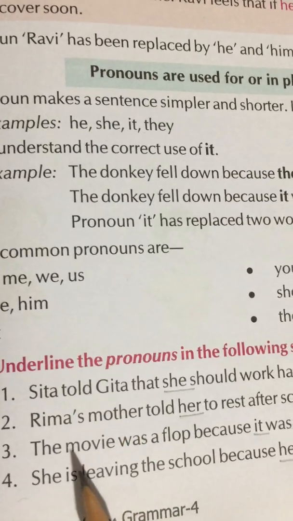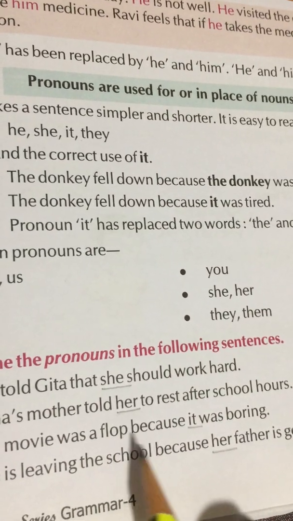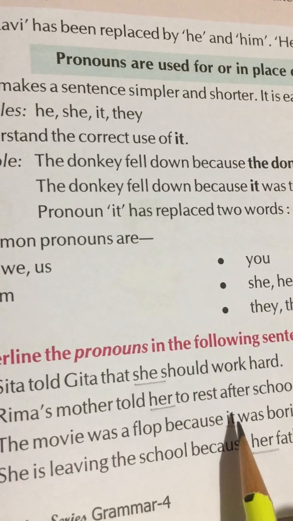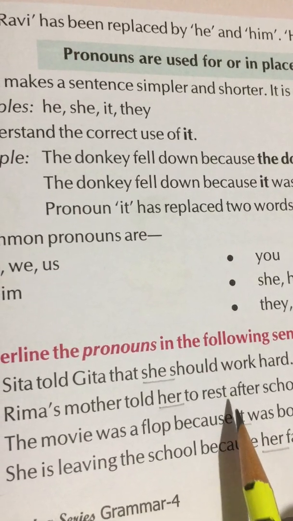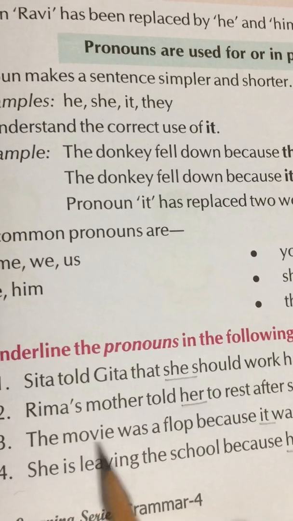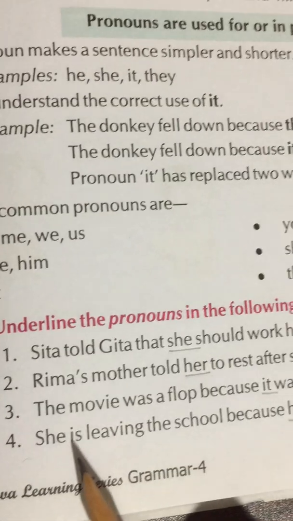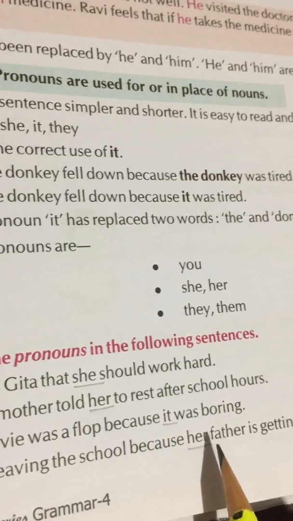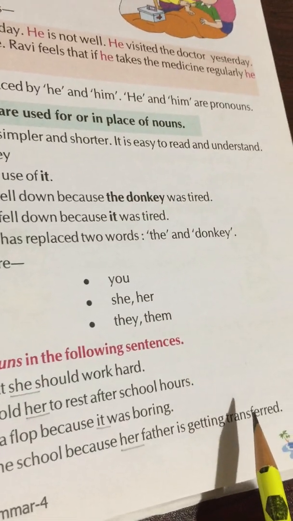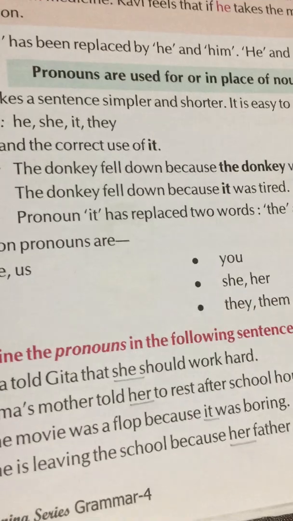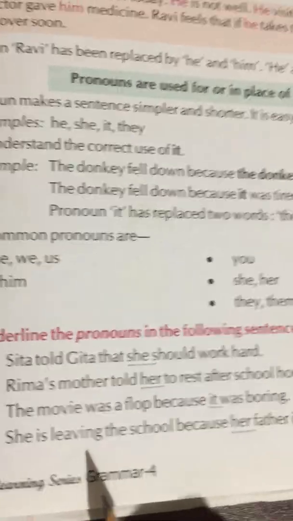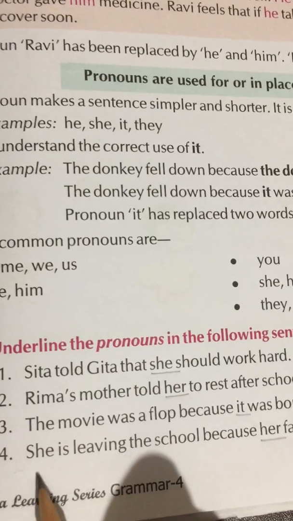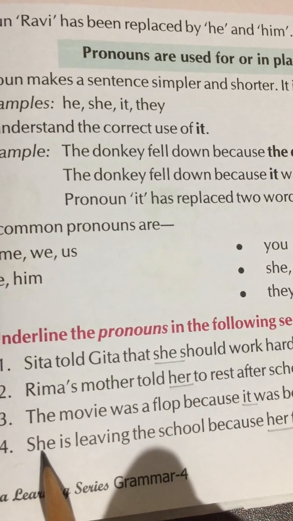Okay. The movie was a flop because it was boring. Now here, the pronoun it is used for the word movie. She is leaving the school because her father is getting transferred. Now children, in this sentence, her is a pronoun used for another pronoun she.